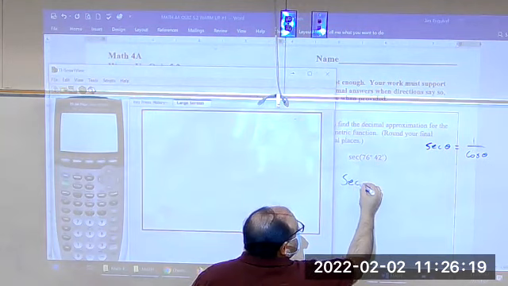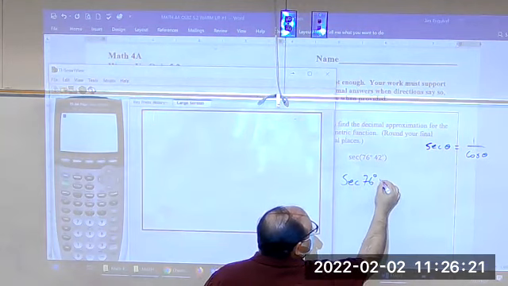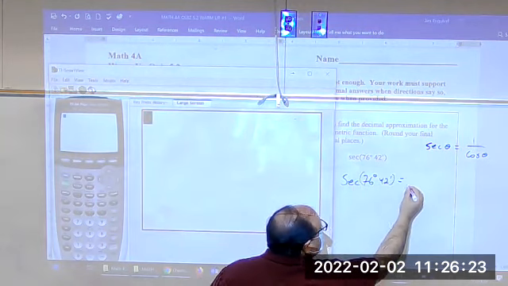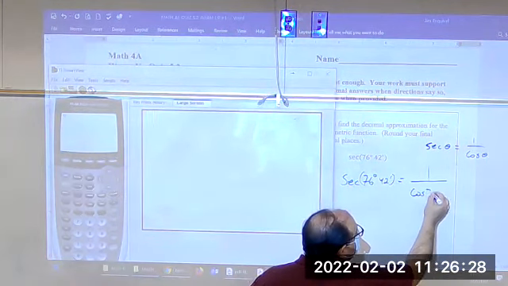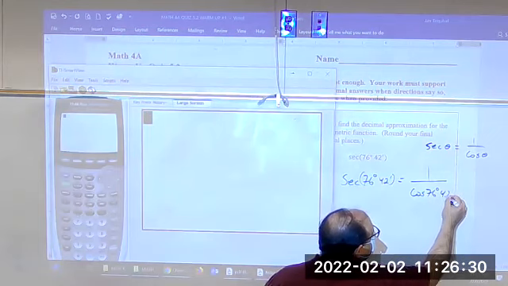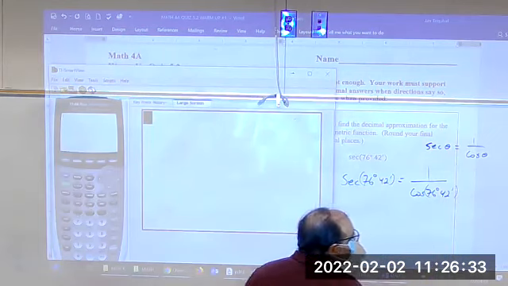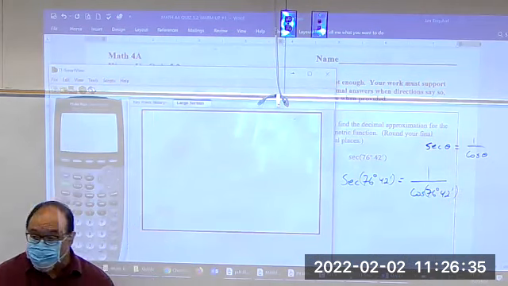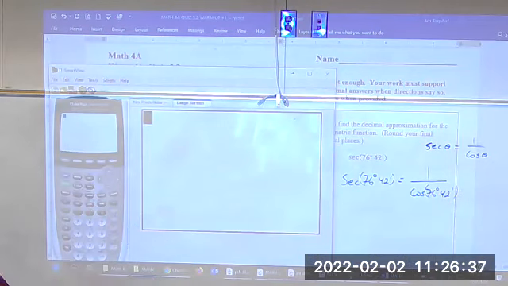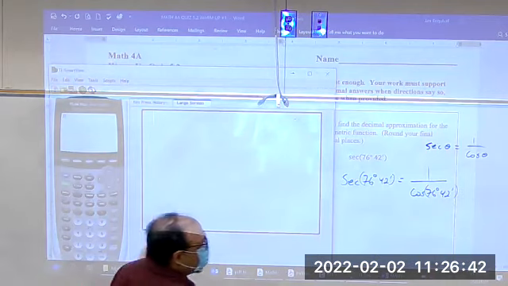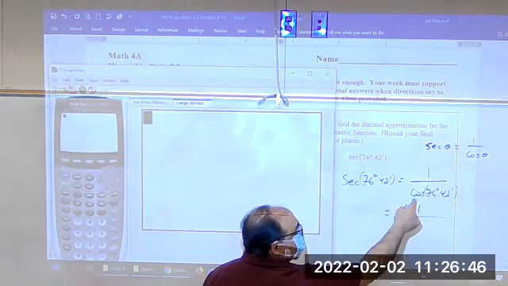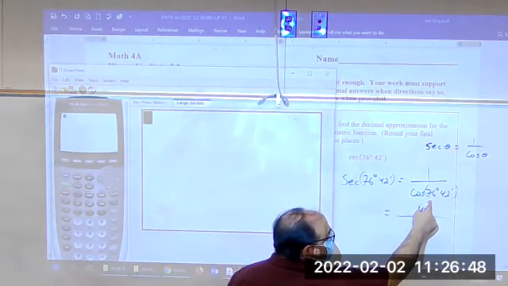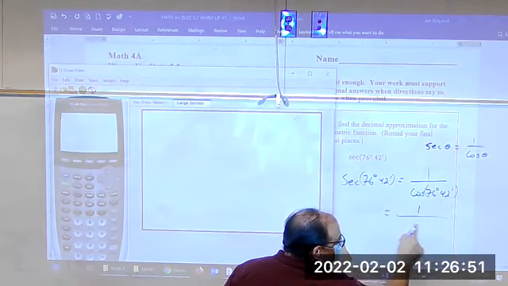So the secant of 76 degrees, 42 minutes, is 1 divided by the cosine of 76 degrees, 42 minutes. You have a cosine button, you don't have a secant button. So all I have to do is punch in the cosine of 76 degrees, 42 minutes.